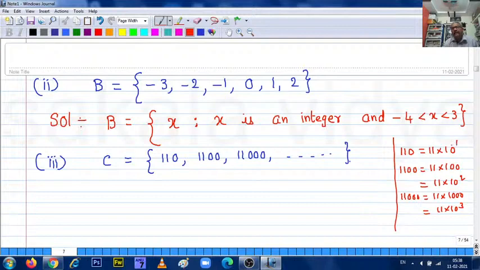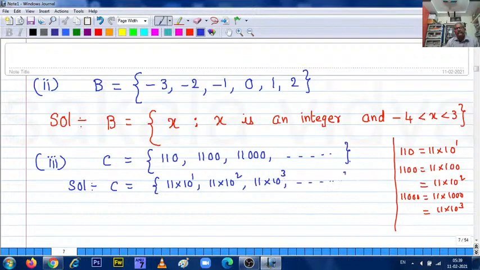You say 10 power 1. So first of all we can write the solution: C equals 11 times 10 power 1, 11 times 10 square, 11 times 10 cube, and so on.